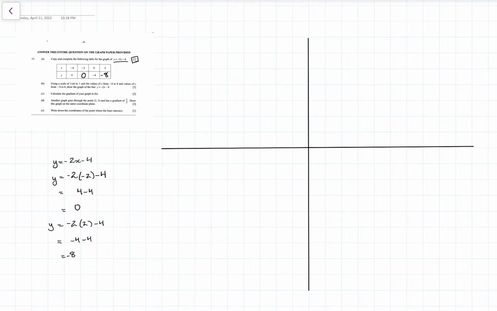So it says, that's going to be our y-axis, that's going to be our x-axis. And it does say we're going to be using a scale of 1 cm to 1 unit, which is pretty easy. And it says x values of negative 6 to 4. So I'm going to go 1, 2, 3, 4, and then negative 1, negative 2, negative 3, negative 4, negative 5, and negative 6 for our x-axis. And then for the y-axis, it says negative 8 to 8.